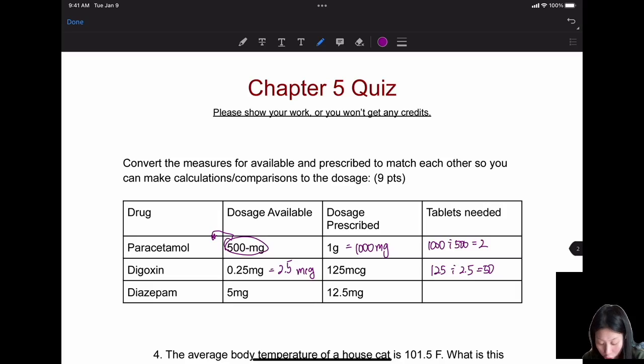The dosage, look, these ones have the same unit. You don't even need to convert them. So the dosage you need is 12.5 milligrams, but each tablet contains 5 milligrams. So you totally need 2.5 tablets.